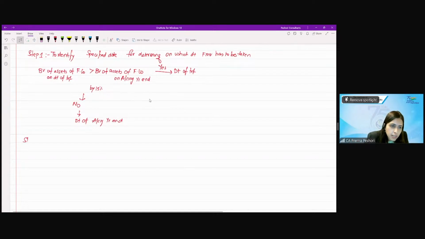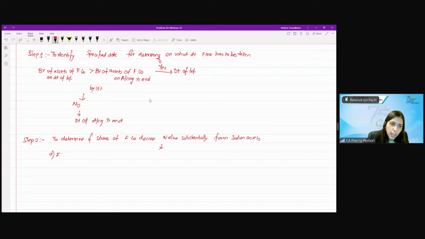Then step 2 is to determine if the shares of FO derive value substantially from Indian assets. Now, how will you decide that?